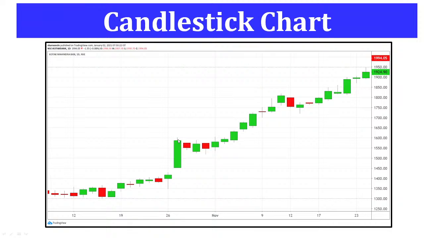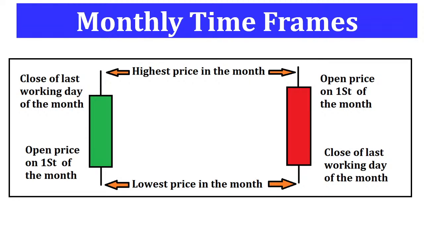The range of the candle is nothing but the range of the high and the low which that stock made on that particular day. So by looking at the candlestick chart, I can see the stock is moving higher from 1200 to 1900. So these are the most popularly used charts in the stock market.